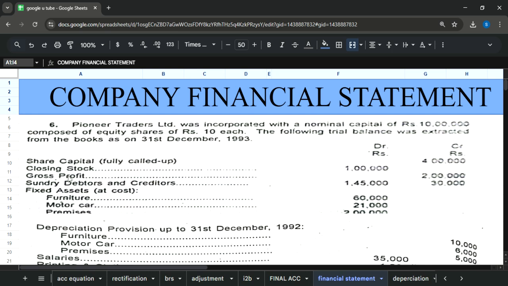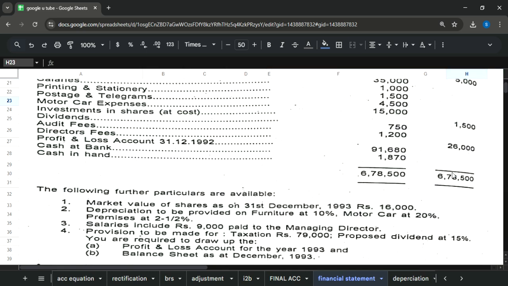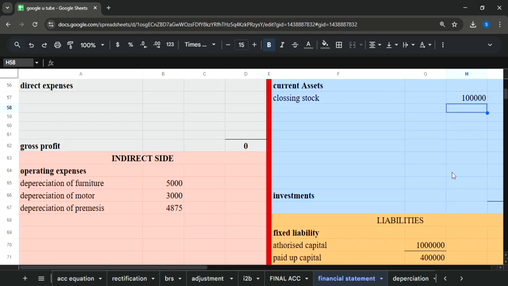Look at here. One of the easiest things is when you are provided gross profit, and the amount of gross profit is 2 lakh. Why I was calling it a benefit, because 2 lakh is already calculated and we do not need to make one part, that is the direct side.